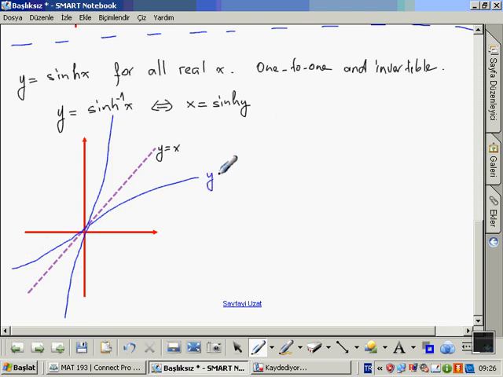This is the inverse sine hx, and its domain is minus infinity to plus infinity, and the range of it is the same, minus infinity to plus infinity.